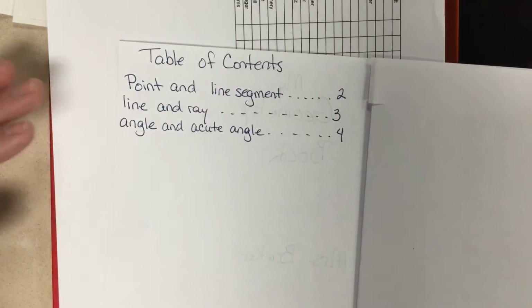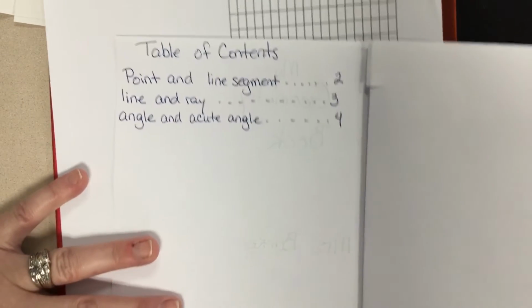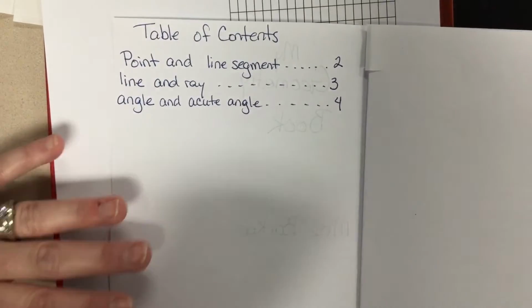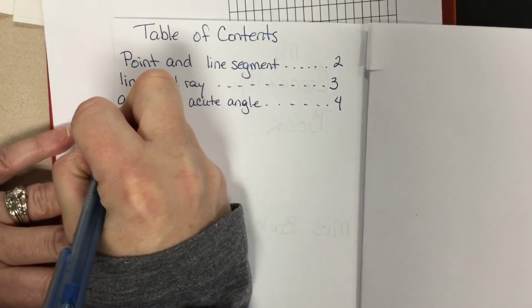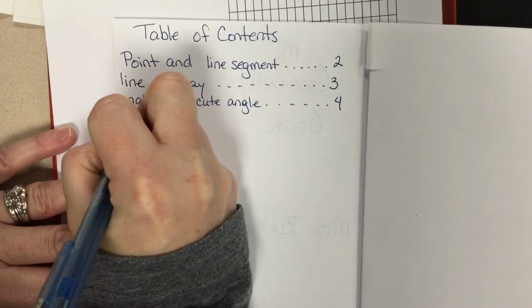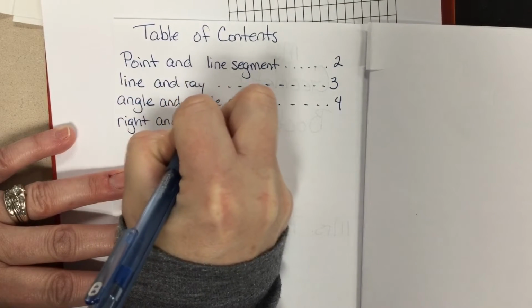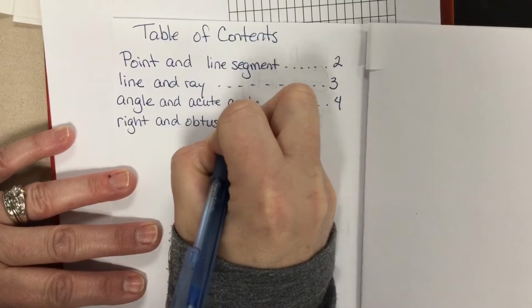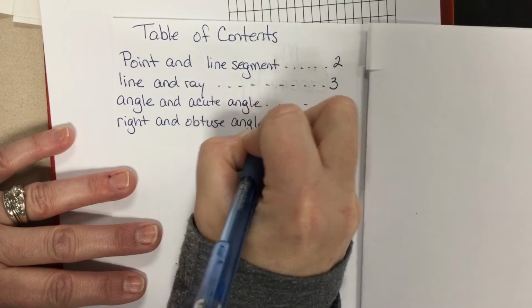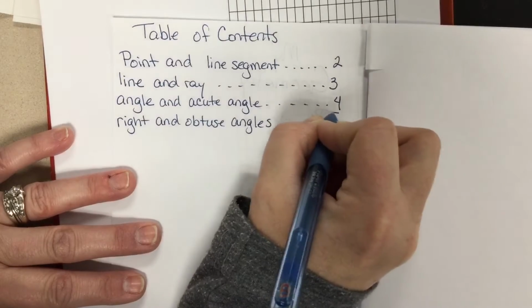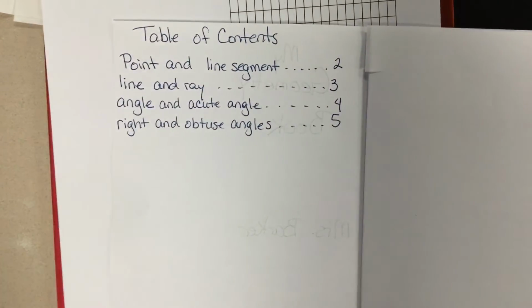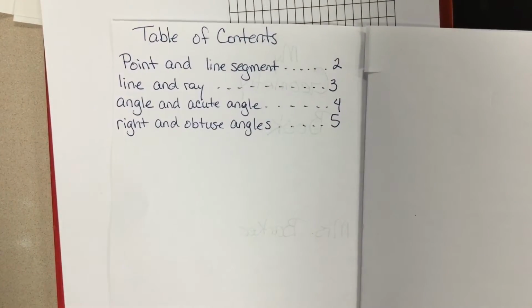Make sure you spell angle and not angel. And then we are doing right and obtuse angles on the next page. So those are all the ones we're going to do today.